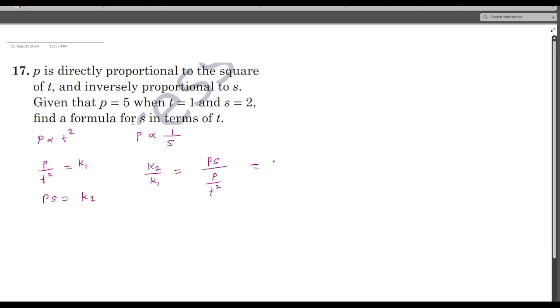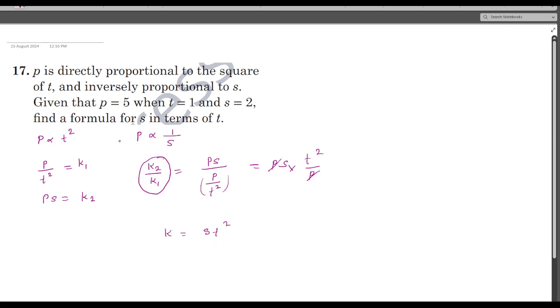So this I can write as ps into, now I will take the reciprocal of this, which is t square upon p. So this p and p will cancel, and I will say that k2 upon k1. Now this k2 upon k1 is a constant, because k2 is a constant, k1 is also a constant. So I can replace this k2 upon k1 with k, and this k will be equal to s times t square.